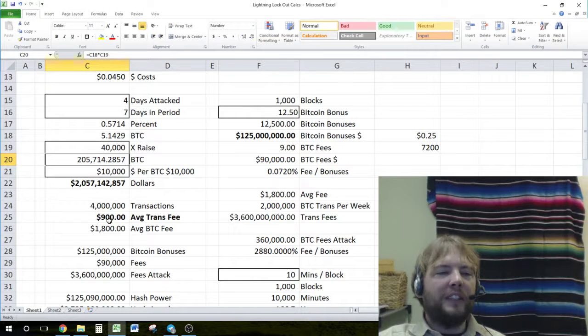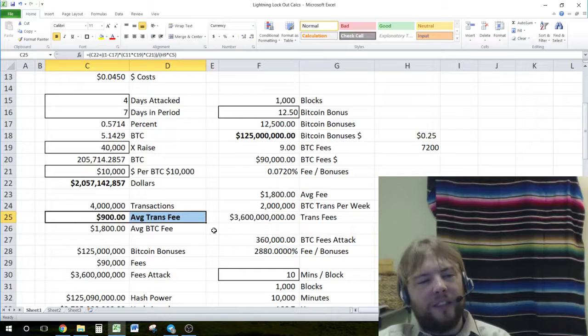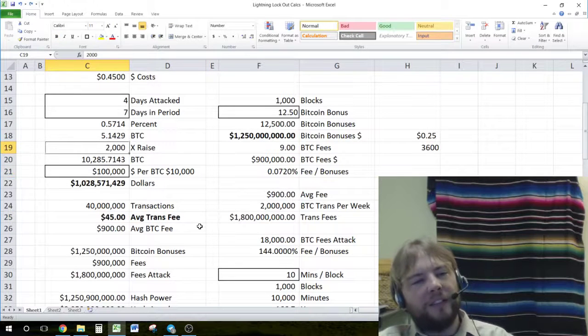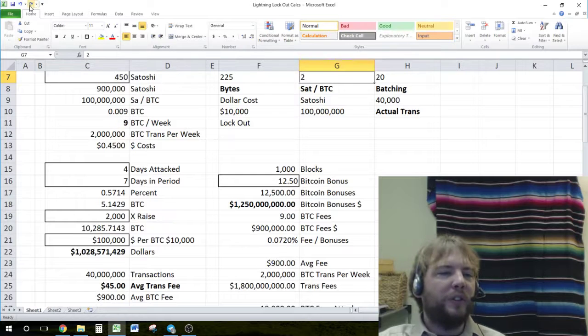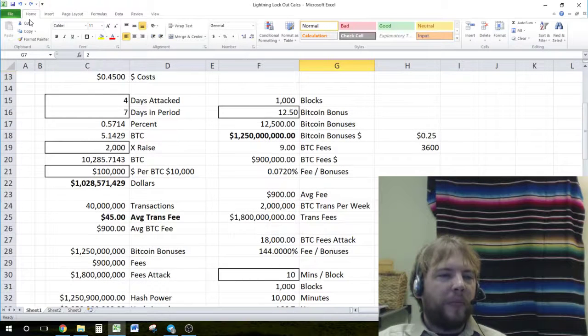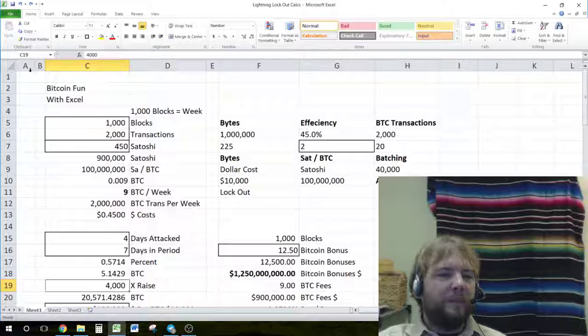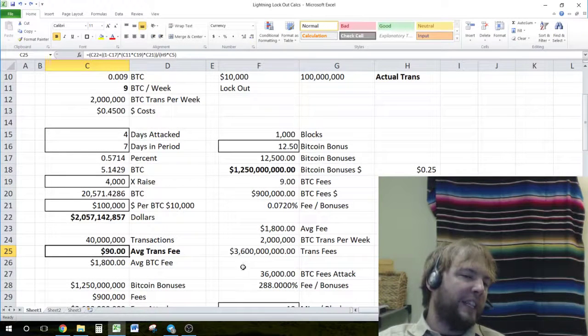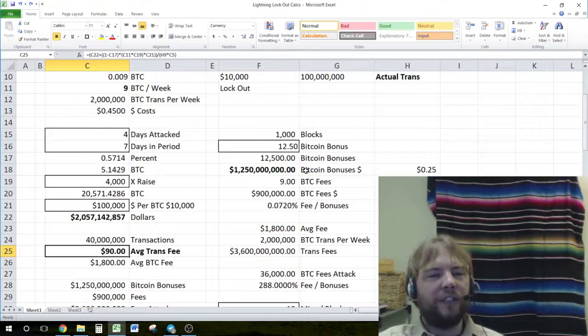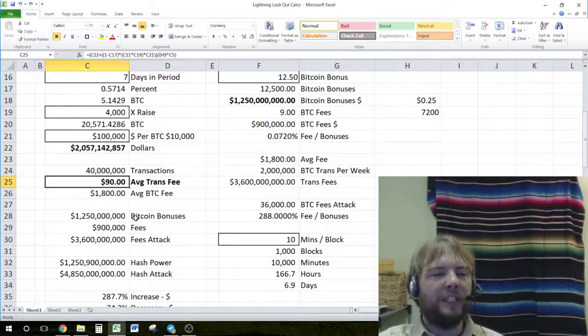Without this, it would go to $900 for your transaction fee, because people aren't by default batching.